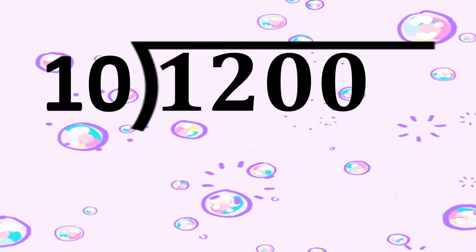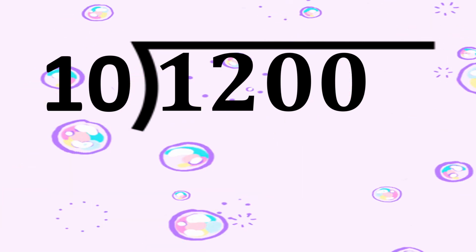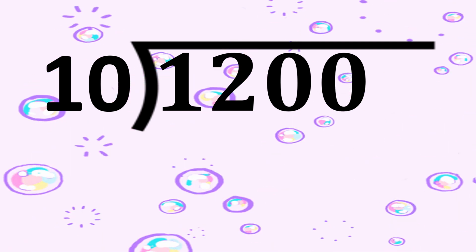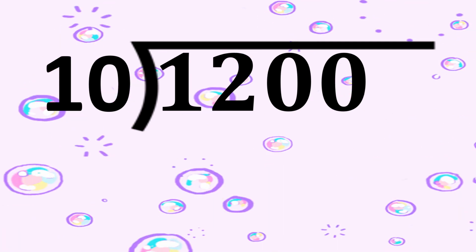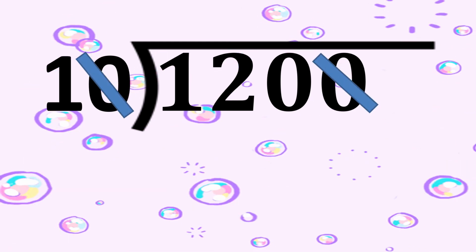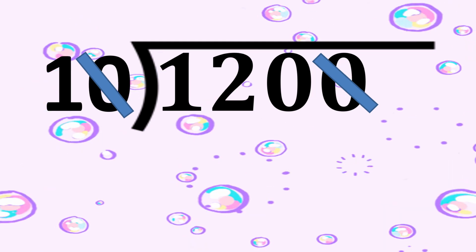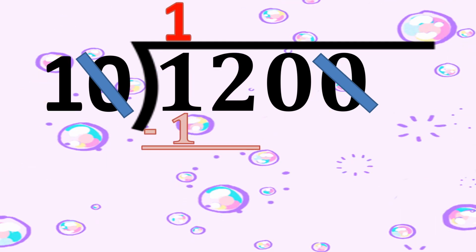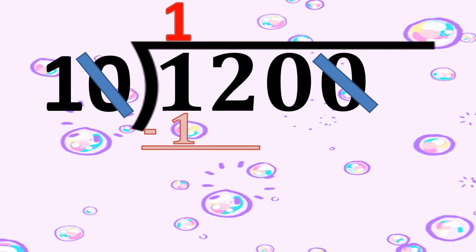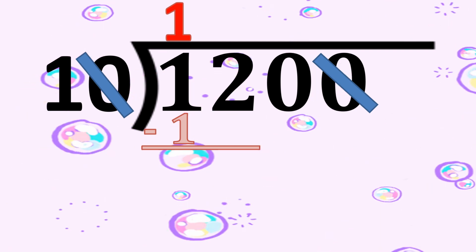Let's do another one. 1,200 divided by 10. So we have 1 zero in the divisor. So we will remove only 1 zero in the dividend. So now 1 divided by 1 is 1. And then subtract it. So it is 0.